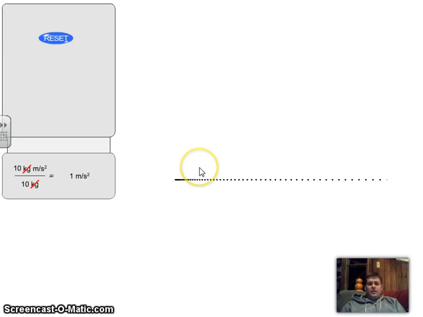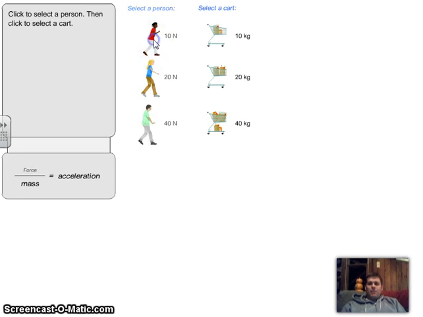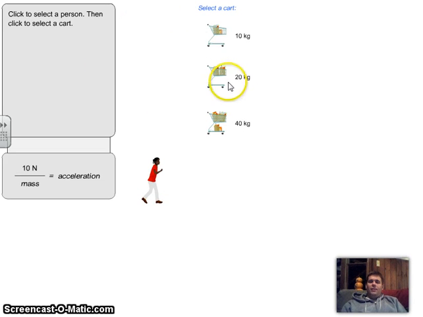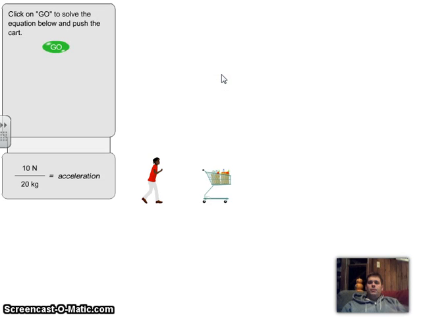Notice the spacing of the dots. As time goes on, that person's velocity is increasing by 1 meter per second every second. Take that same person, but apply a force to an object that is twice as massive, 20 kilograms.